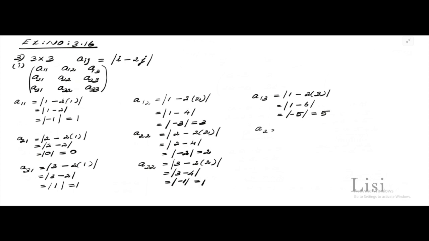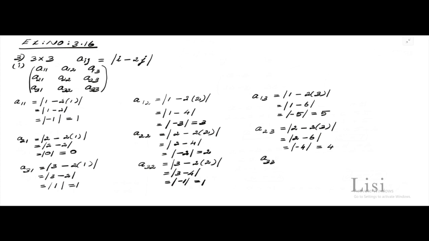A23 is equal to determinant of i is 2 minus 2 into j is 3, equal to determinant of 2 minus 2 threes are 6. The difference between 2 and 6 is 4, 6 minus 2 is 4, isn't it? Now 6 has the sign minus, so the determinant of minus 4 is plus 4.